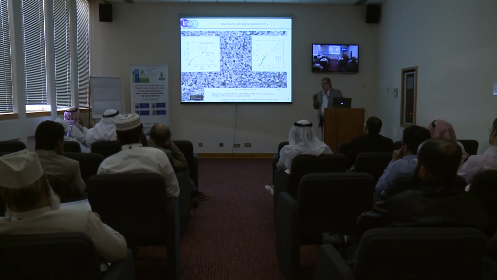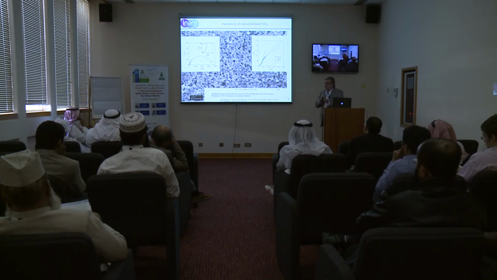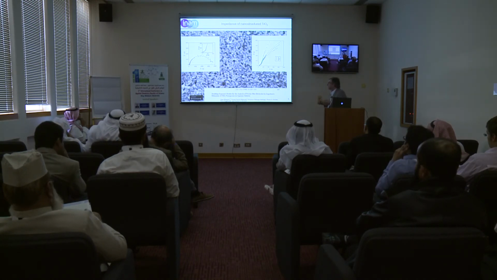But here it takes another meaning, because when you study impedance spectroscopy in solar cells, it's not only charge transfer at interfaces, which is the classical application in electrochemistry. You also have electrical elements related to charge transport. So this is combined, and the spectra have a lot of information about that.